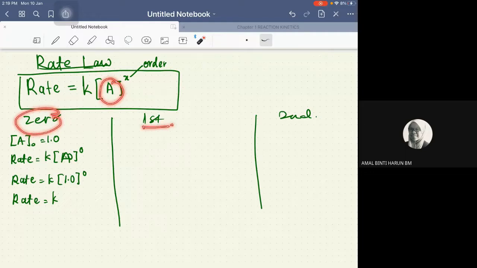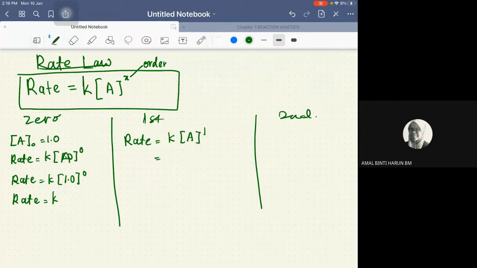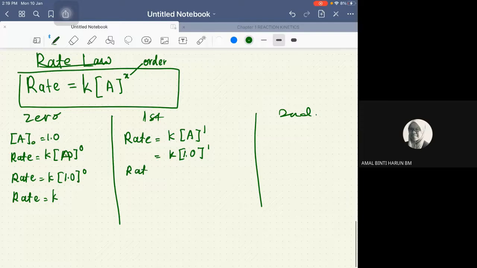Kalau first order, let's say the initial concentration is 1. So rate equal to K, A power of 1. So, kita akan dapat rate sama dengan K. Concentration dia power of 1.